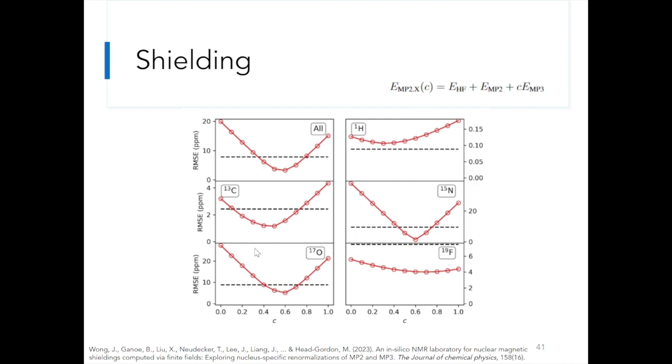We see that for all of these nuclei except proton, adding some amount of MP3 contribution gives us quite nice results. We outperform CCSD in most of these nuclei.